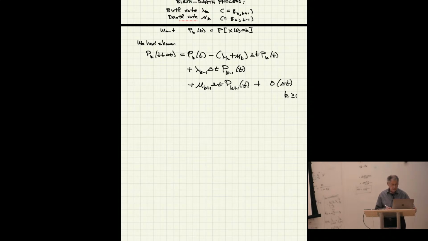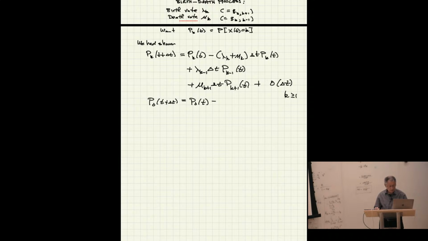For k equals 0, the same argument gives us the following: p sub 0 of t plus delta t is equal to, look up at this equation above, instead of k, we get 0, so it's p0 of t minus, essentially, the ways out of that state. Now, you can't have a death when you're in state 0, so you're going to get essentially this term without the death parameter mu.